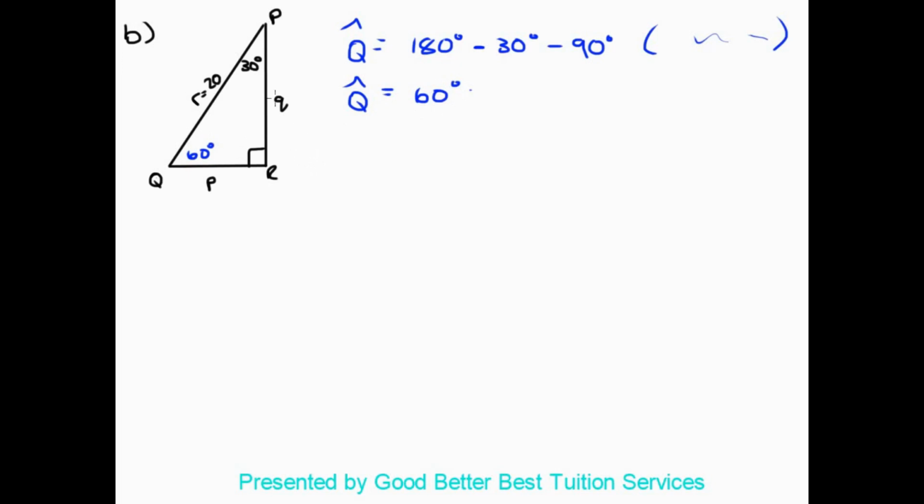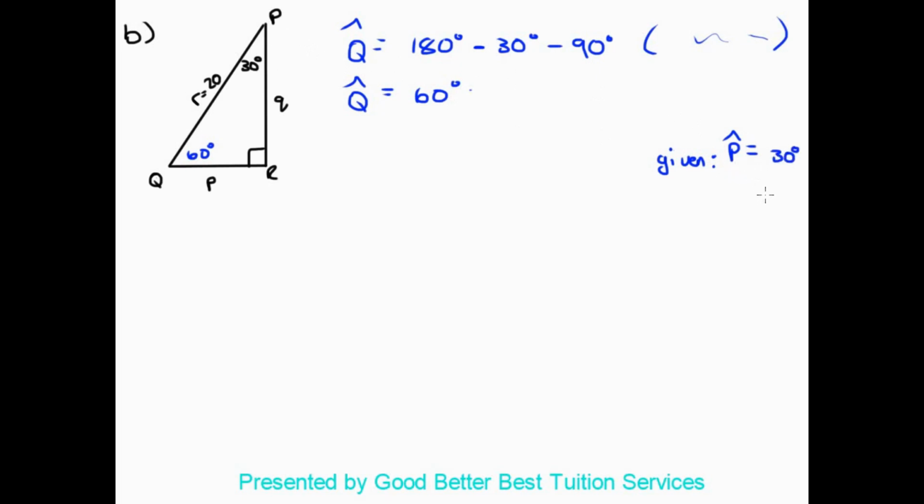Okay, so what we need to do then is find the size of the side Q and the side P. So let's go ahead and find the size of side Q first. So we're going to say given, we are given the angle of, let's use the angle of P over here, which is equal to 30 degrees. Okay.